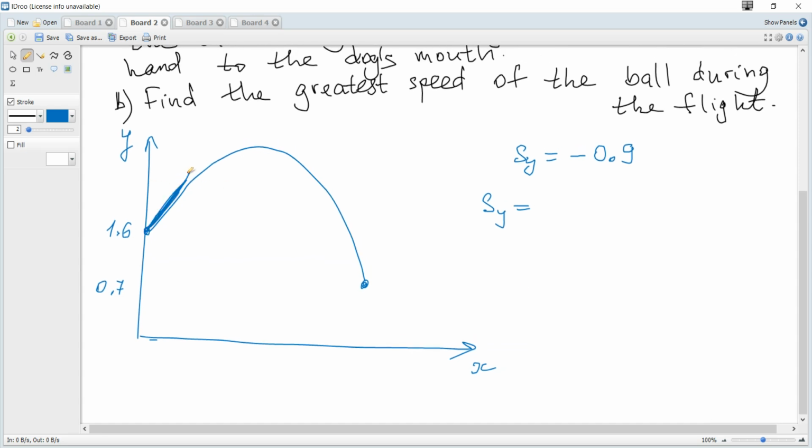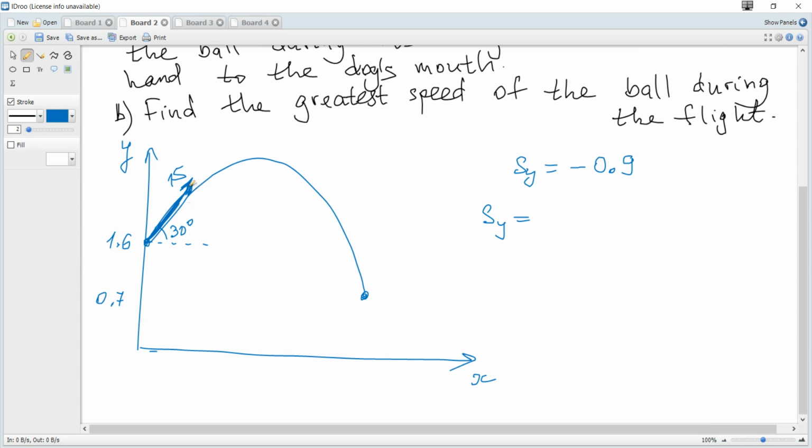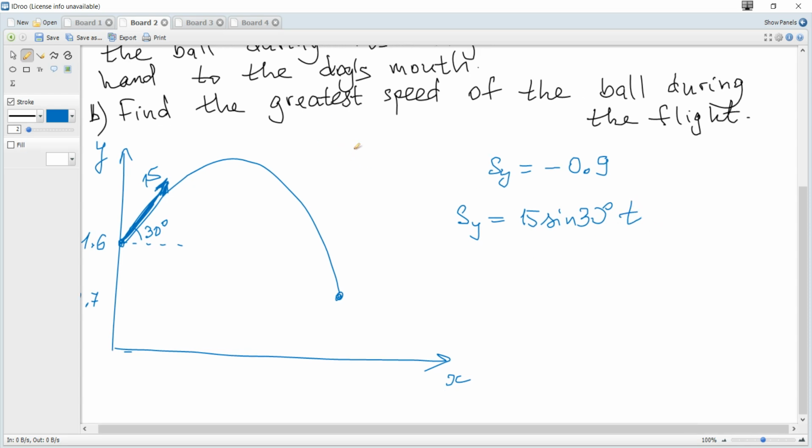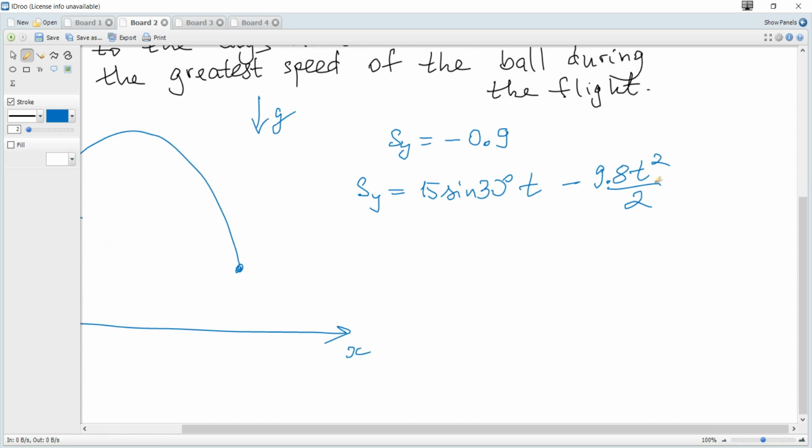It's the vertical component of the initial velocity, and since it is thrown with speed of 15 at an angle of 30 degrees, the vertical component is 15 times sine of 30, so it's 15 times sine of 30 degrees t, and acceleration due to gravity is always downwards and y is upwards, so the component is negative, so it's minus 9.8 t squared over 2, and is equal to negative 0.9, and hence we can find the time of flight.